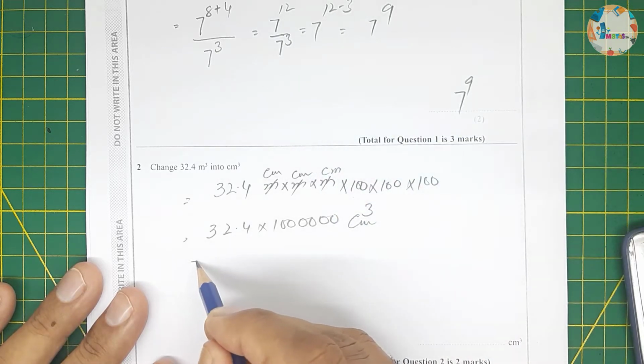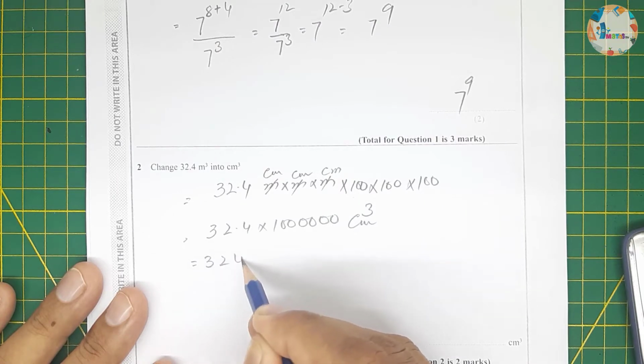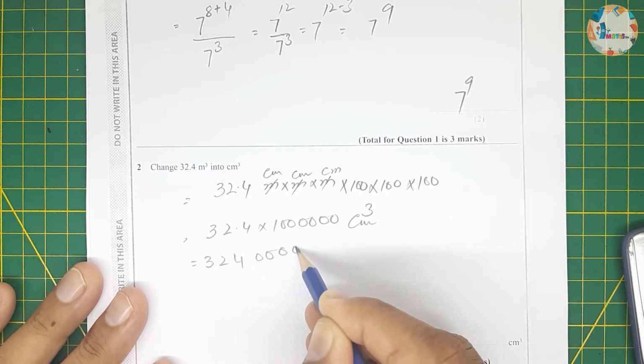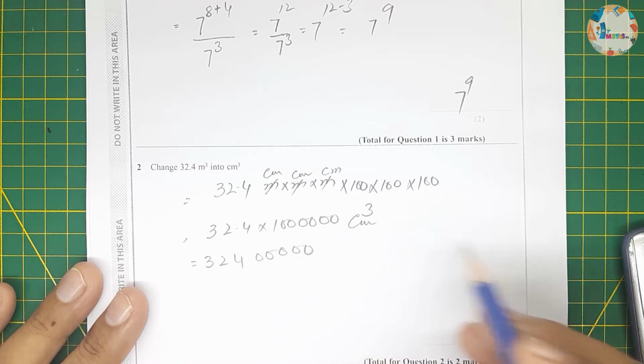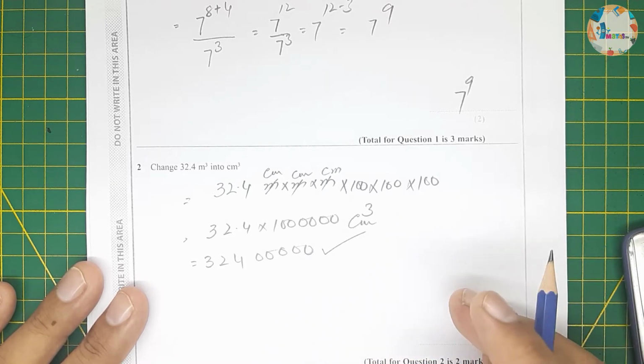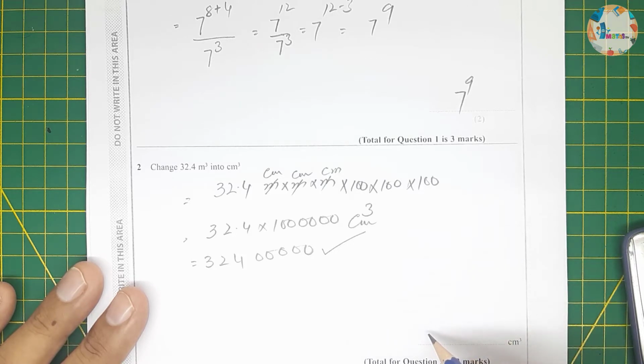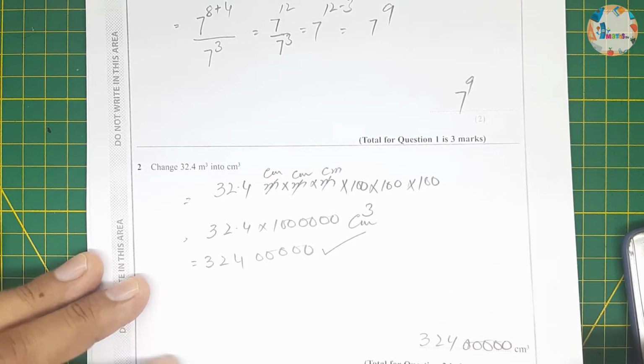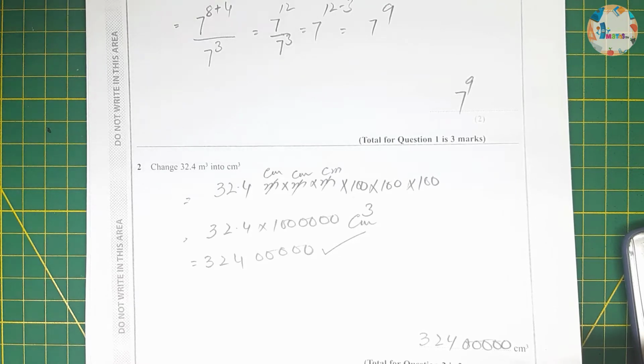So we can write it as 3 2 4, 1, 2, 3, 4, 5 zeros, and this will be our answer. This will be in centimeter cubes. We can write it at the proper location. Hopefully you understood this question.